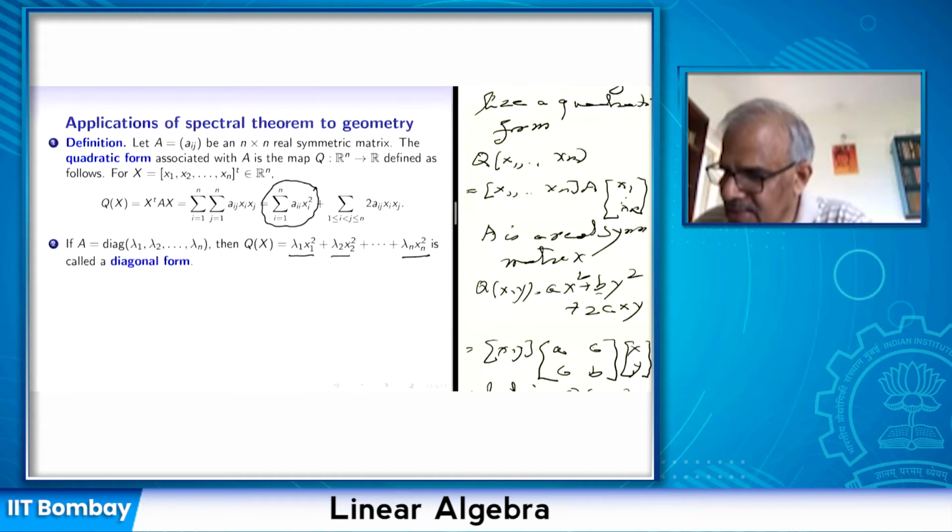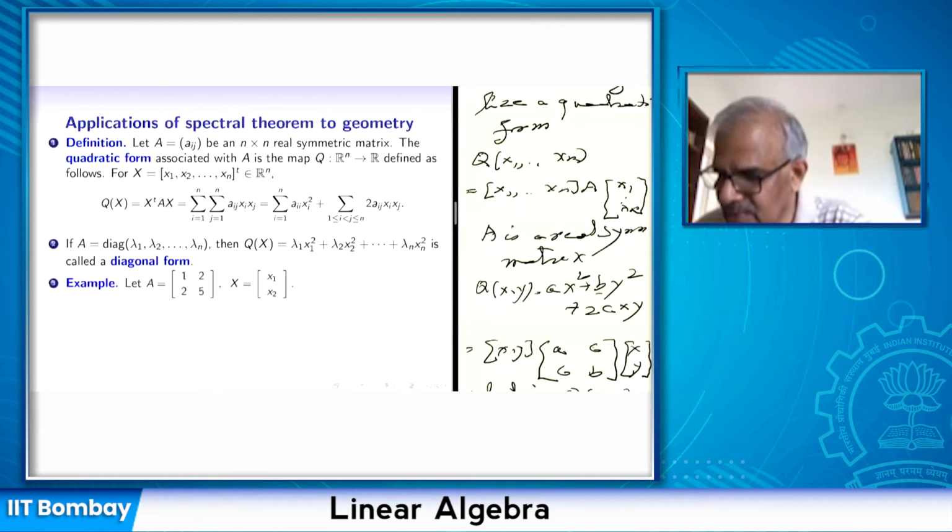So now this is a nice equation because there are no mixed terms, and we can recognize this. We will see that using eigenvalues of the real symmetric matrix, we can actually recognize the geometric shape which is represented by this quadratic form. This is called a diagonal form. And our effort will be to diagonalize a given quadratic form.